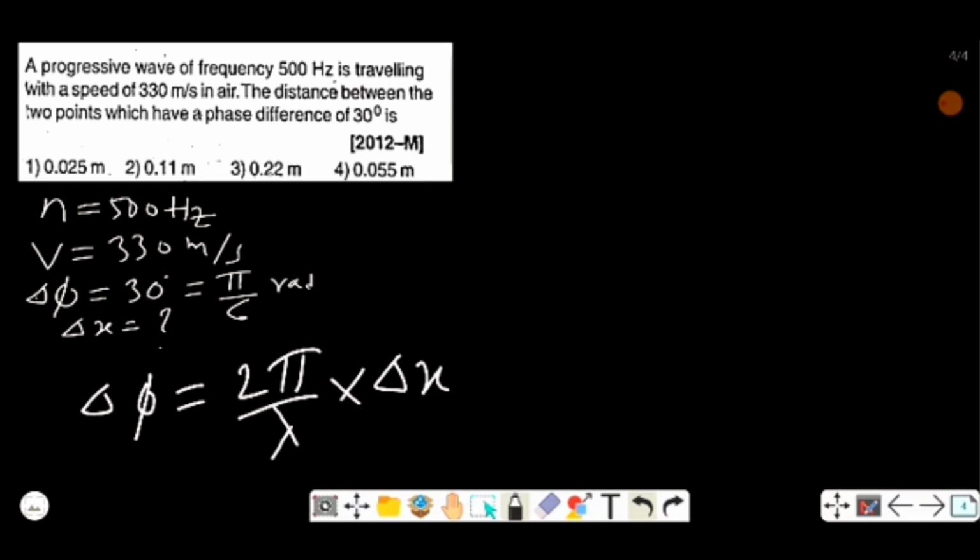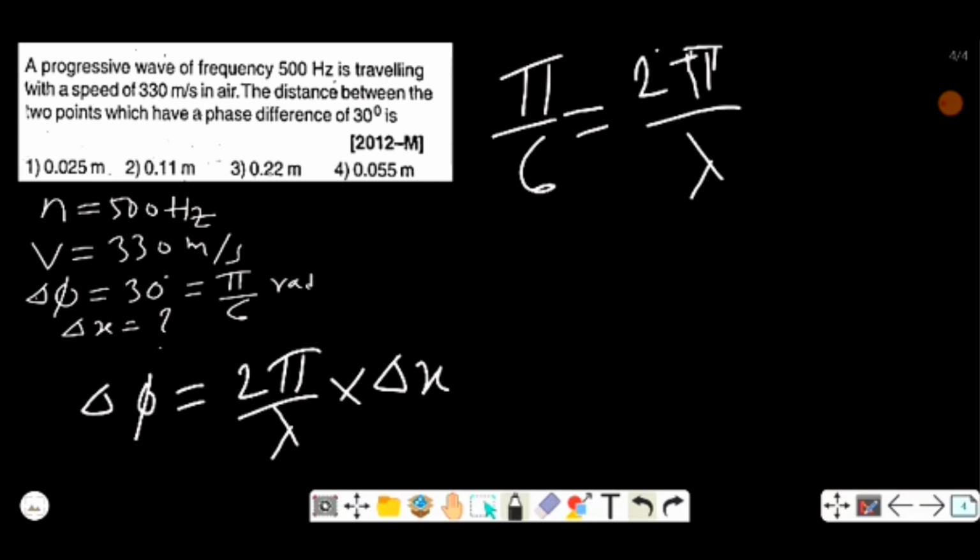So delta phi value we know, that is pi by 6, is equal to 2 pi by lambda into path difference delta x.